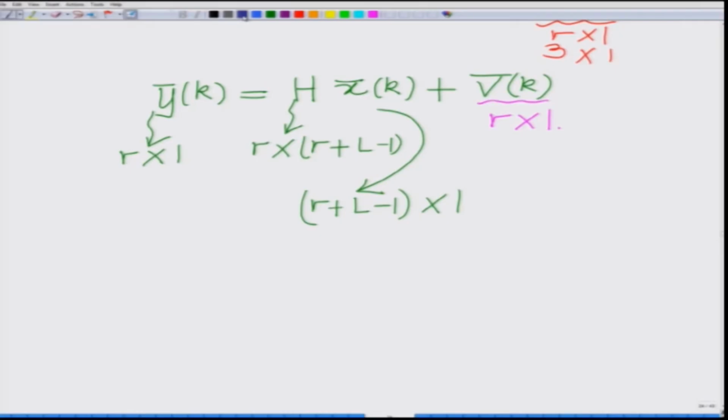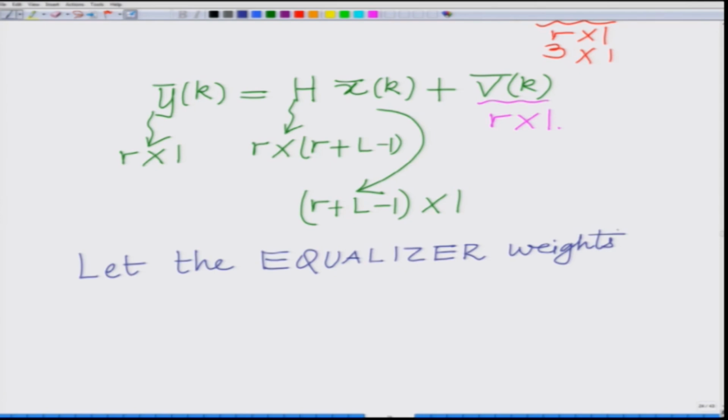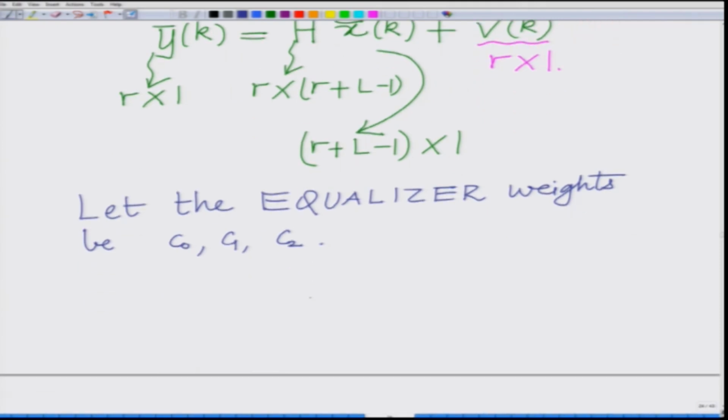So, let the equalizer weights or the combining weights be C0, C1, C2.